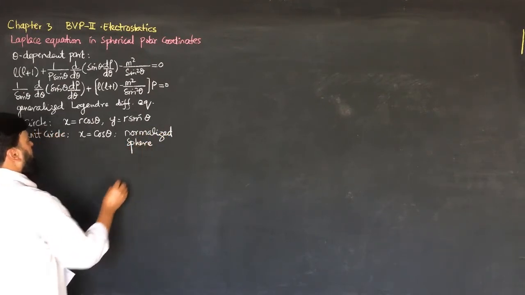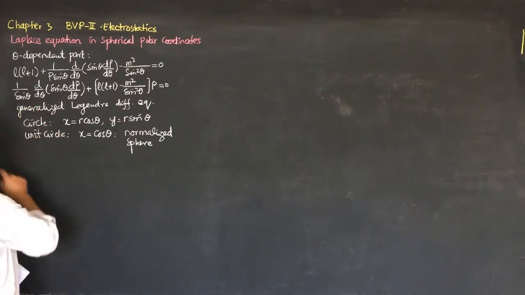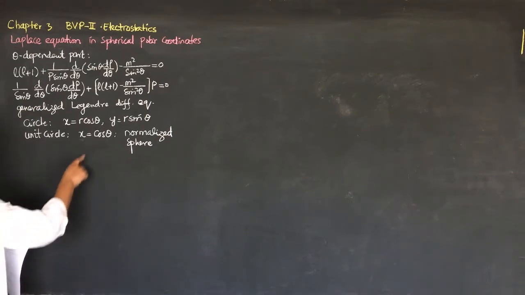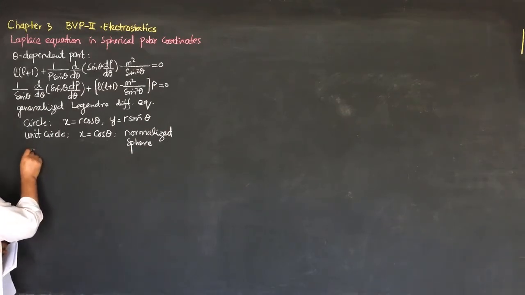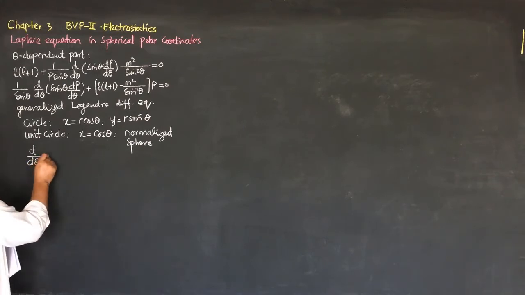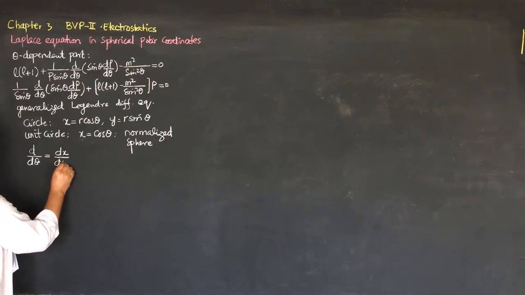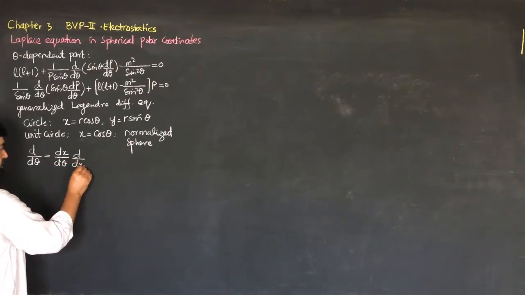So in a normalized sphere we will have x equal to cos theta. And now let me do some algebra to convert this equation into a definite representation. I can write d over d theta as dx over d theta into d over dx.